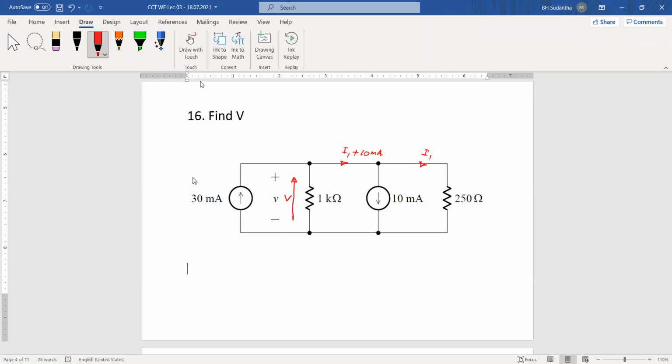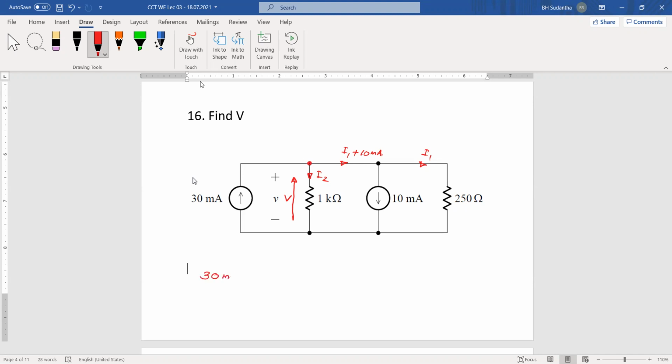We can take this current as I2. Then one equation we can write considering this node.